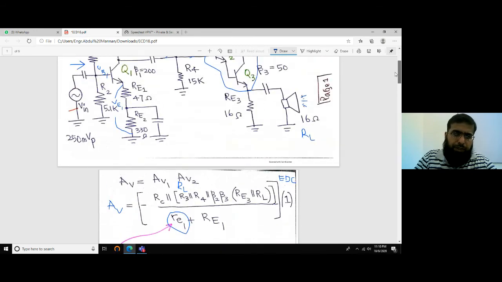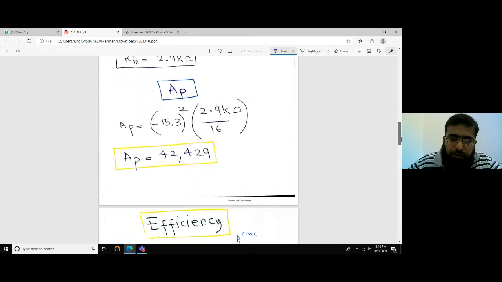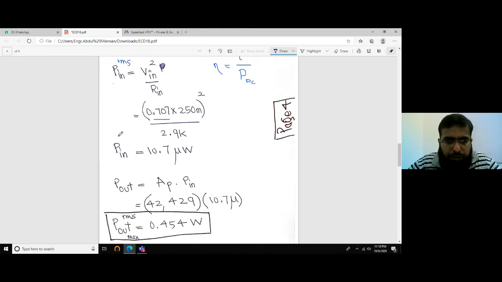So input power can be computed as Vin squared divided by Rin. Rin we have just computed, 2.9K. Vin is 250 milli. Converting into RMS, we multiply that by 0.707, and P in RMS comes out to be 10.7 microwatt.